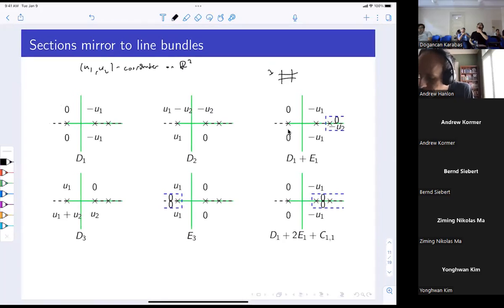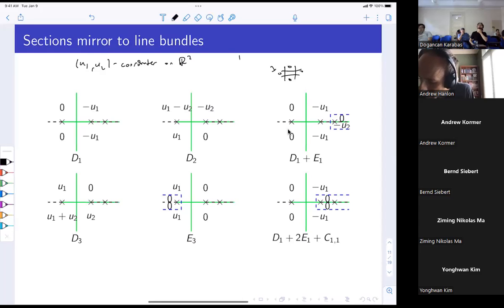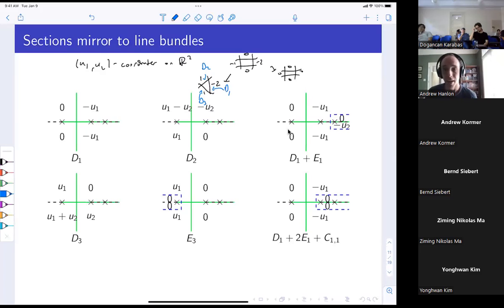I started with P1 cross P1, did some interior blow-ups, and then one blow-down. So here what I'm calling D1, D2, D3.